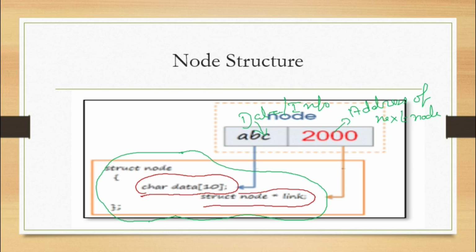That is why it is a pointer, students. Here star link is a pointer variable because we need an address there. And this is a normal variable with size 10. That means we can store character data of up to 10 characters. So that is the node structure.